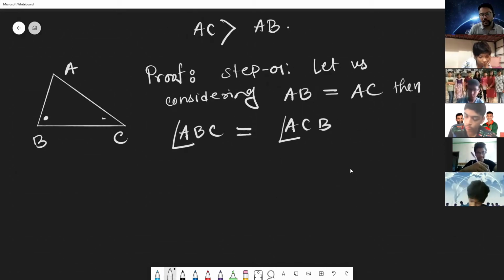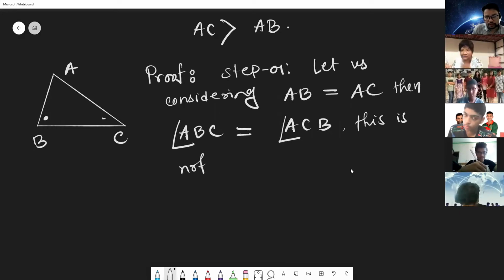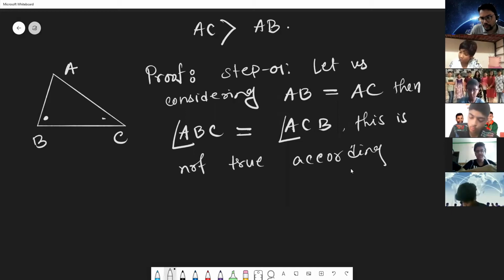So this is not true according to the given hypothesis.